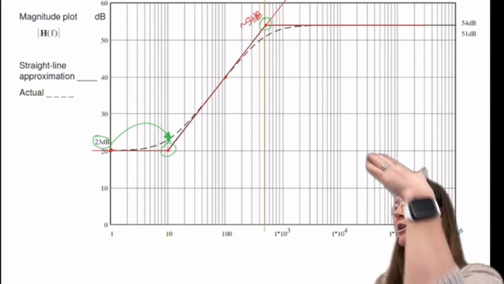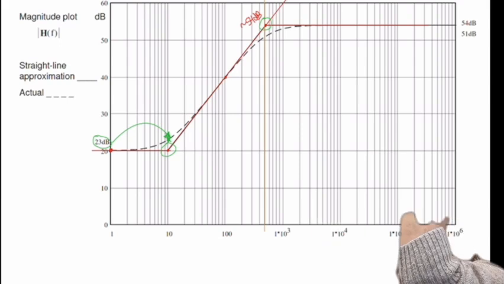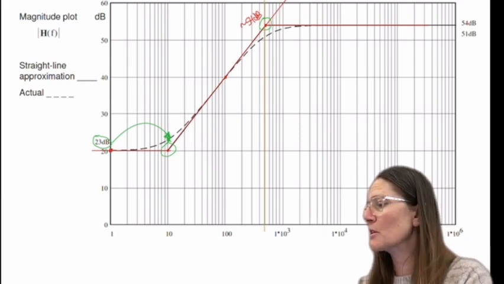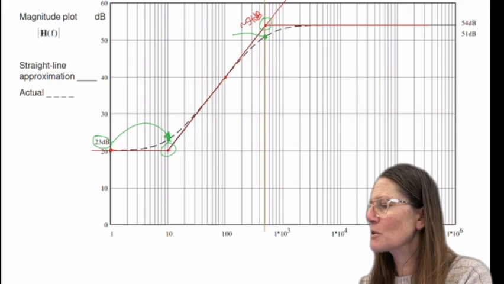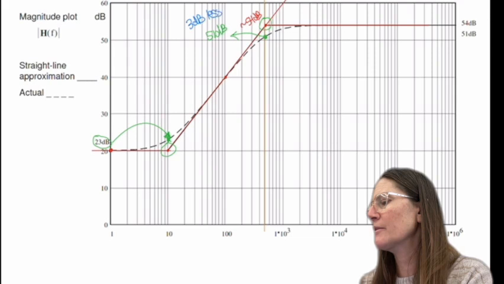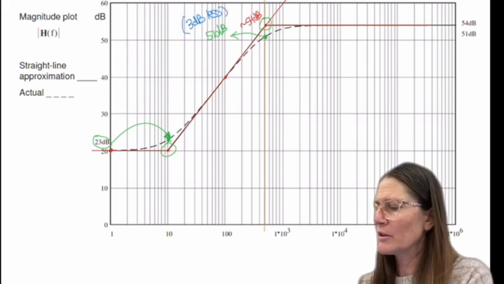And then when it goes from going up to flat or going back down, it's going to go below it. So it will be 3 dB less. So at 54, this is more likely going to be 51. So 3 dB less, and this one is 3 dB more.